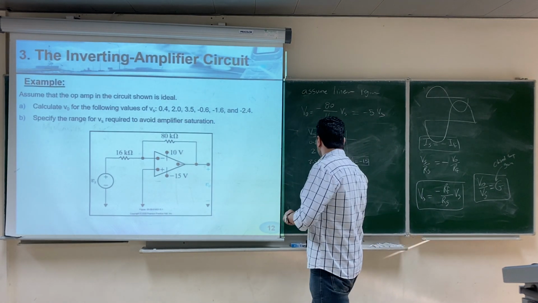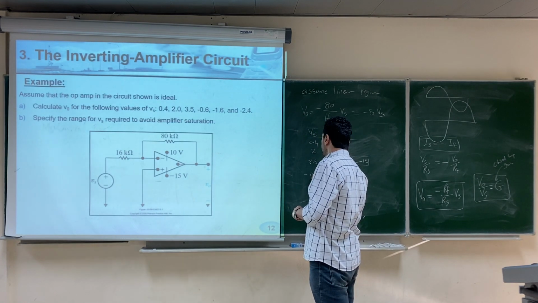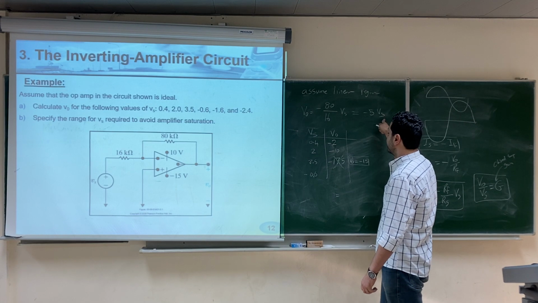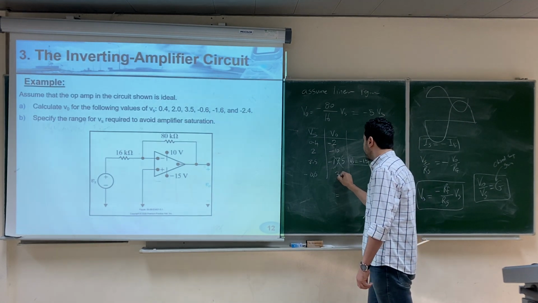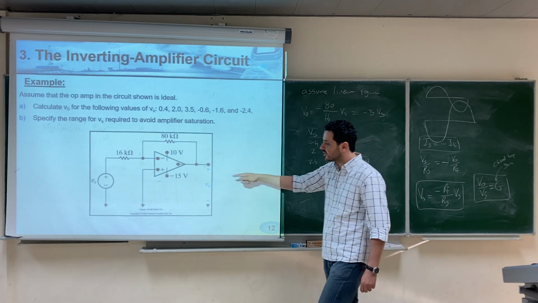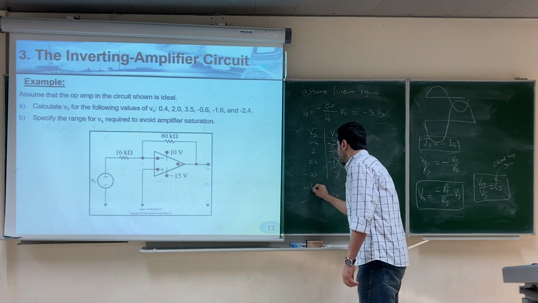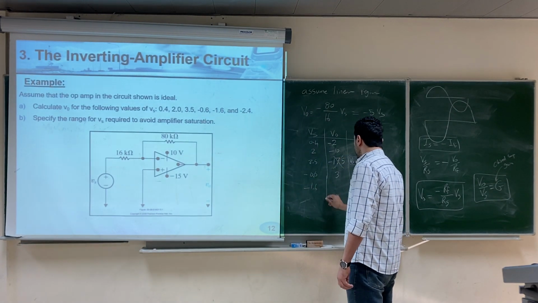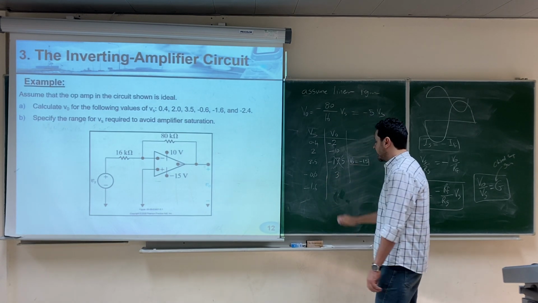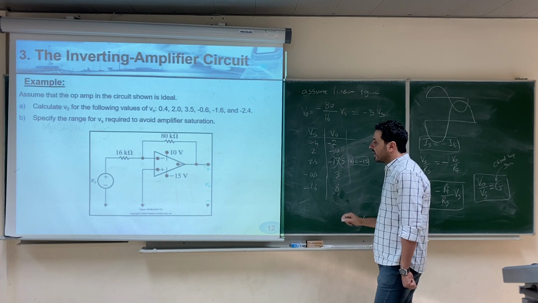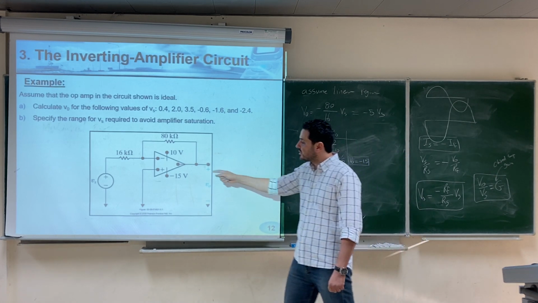Let's go. When Vs is negative 0.6, then V output will be negative 5 multiplied by negative 0.6, which is 3. There is no problem with the 3 because it's in the range. When it's negative 1.6, the output will be negative 5 multiplied by negative 1.6, which is 8. Again, no problem because it's within the range.